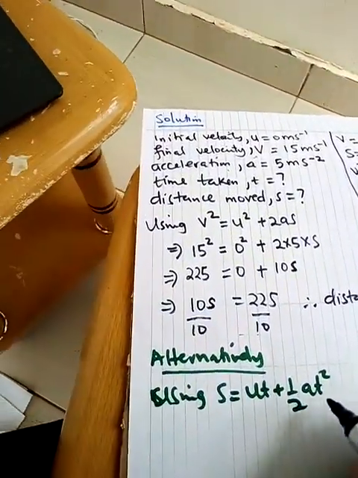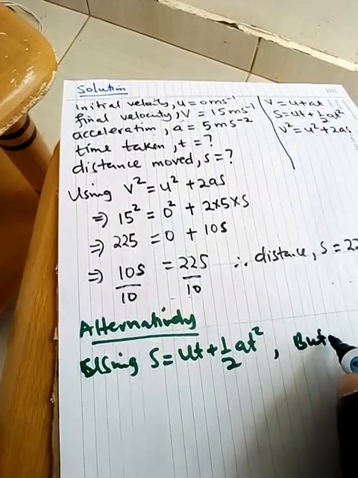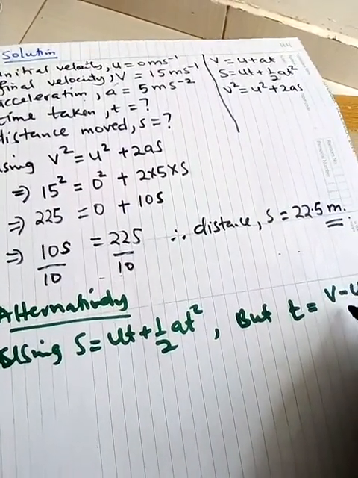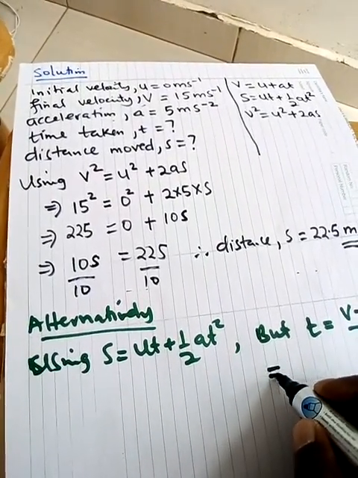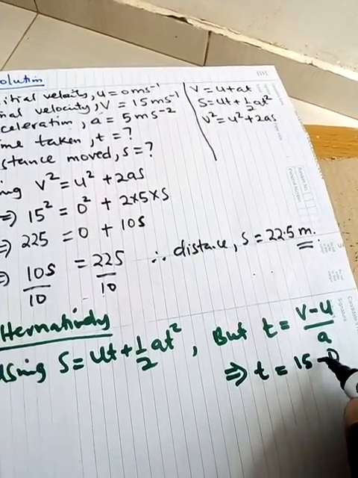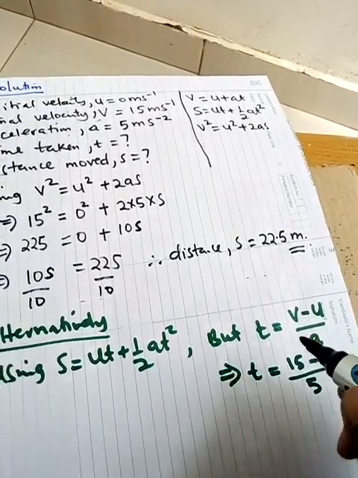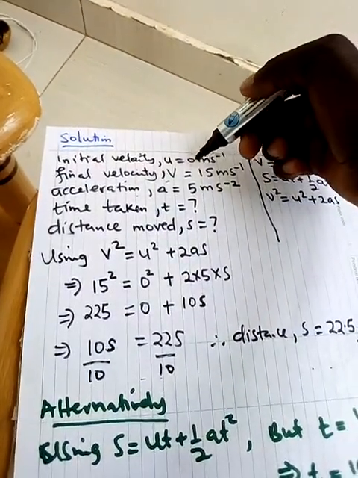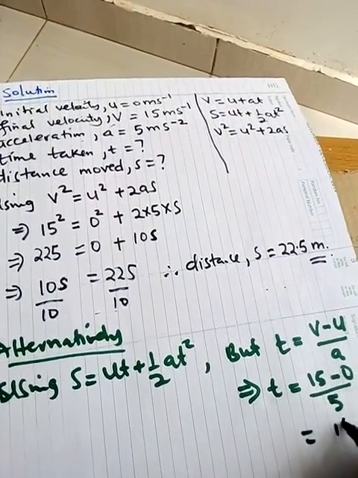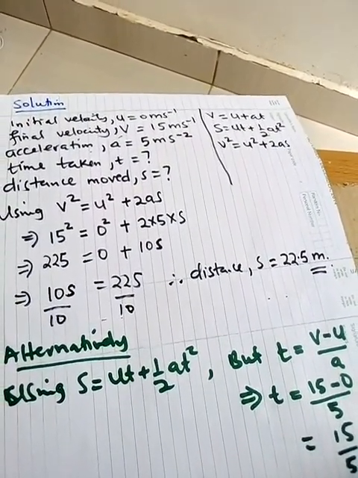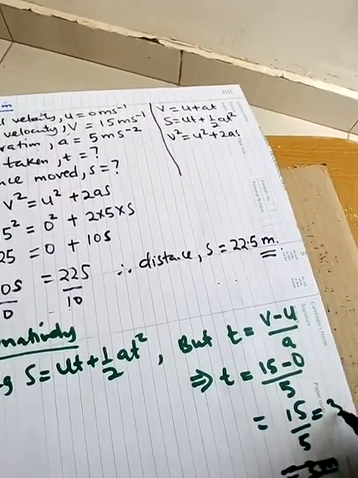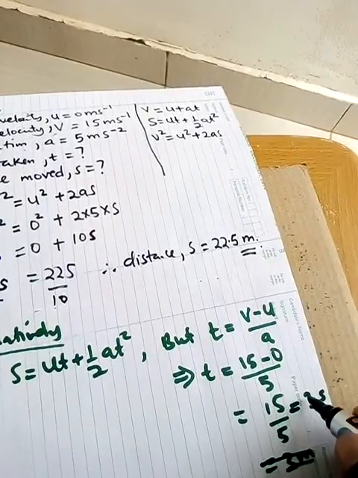But T, you remember from the first equation of motion, we said T is equal to V minus U divided by A. So this means that T is going to be V, which is 15, minus U, which is 0, divided by A, which is 5. All those terms, by the way, are up here. You see U is there, V is there, and A is there. So that becomes 15 divided by 5, which gives you 3 seconds.